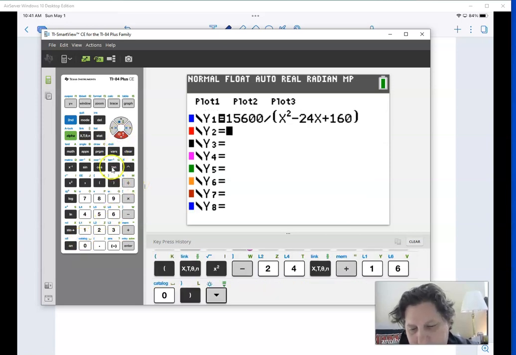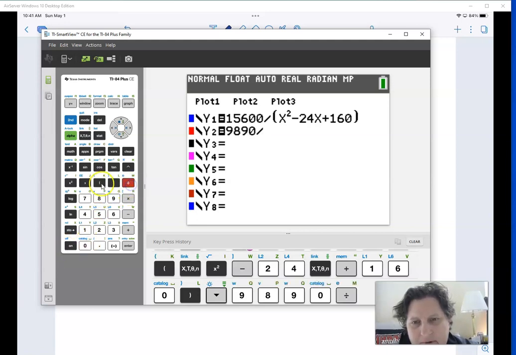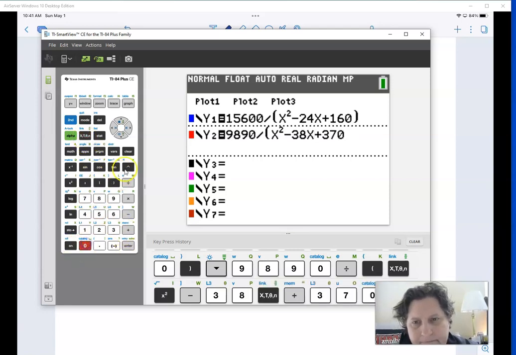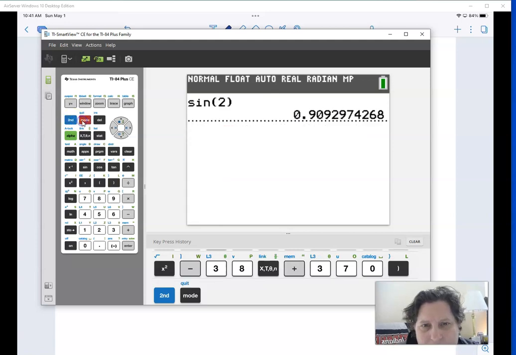And then I'll put the leaving equation here, 9890 divided by parentheses, x squared minus 38x plus 370. All right, so there's my entering equation and there's my leaving equation. You guys remember I taught you that you can do this from the graph, but you can also just do it from out here.